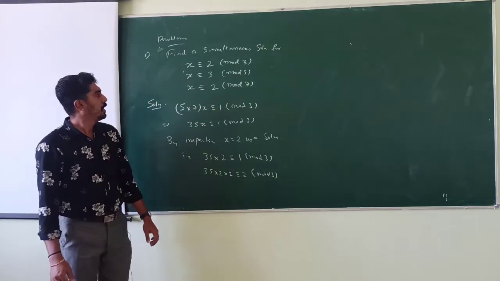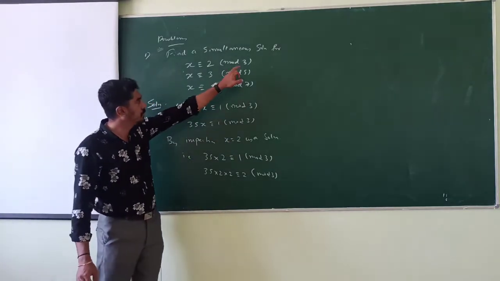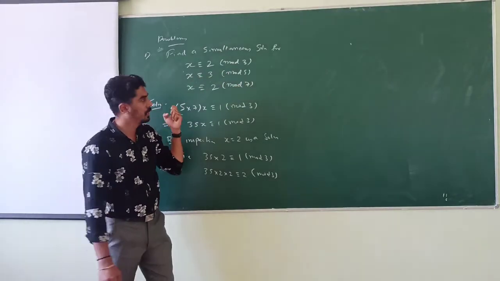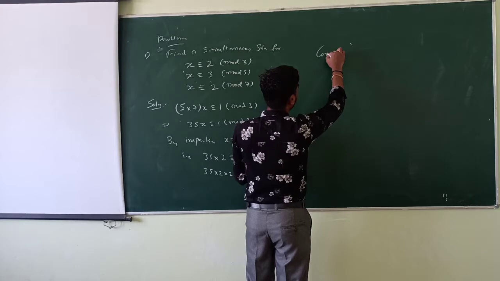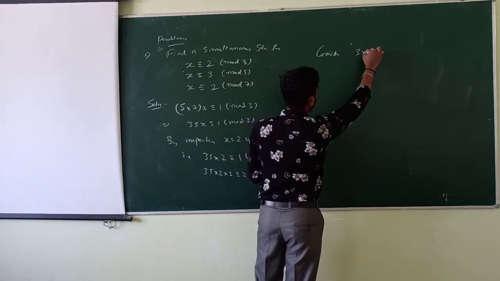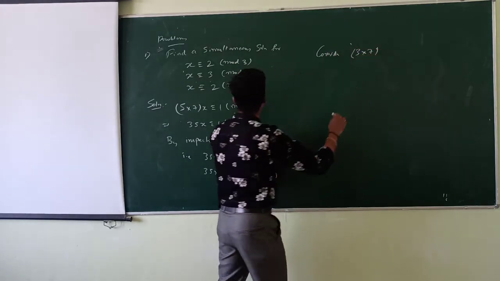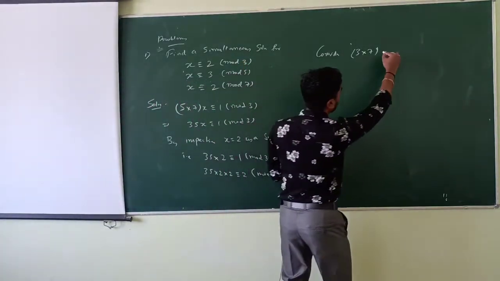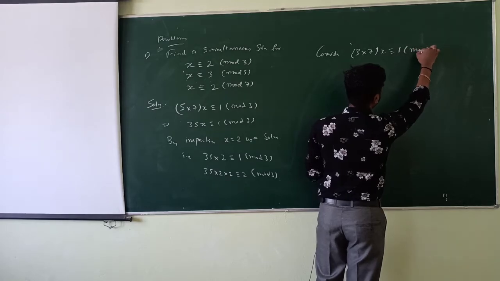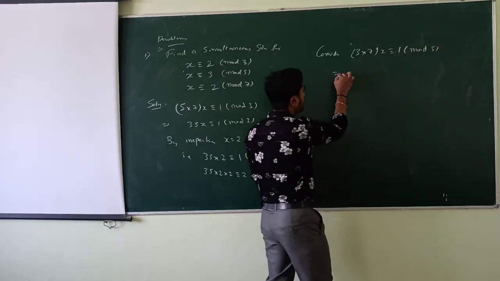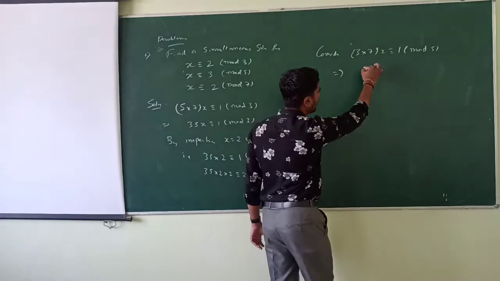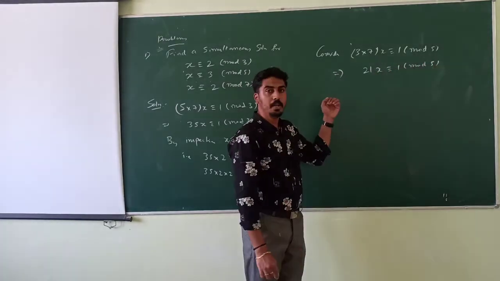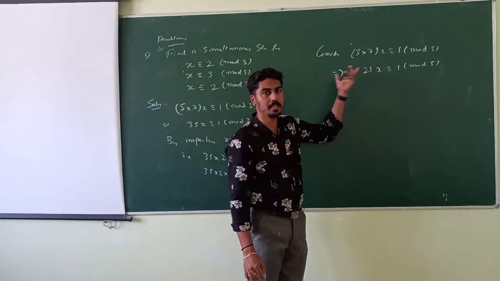Now let us consider the congruence 3 into 7x congruent to 1 modulo 5, which is the same as 21x congruent to 1 modulo 5. By inspection, we see that x equal to 1 is a solution.